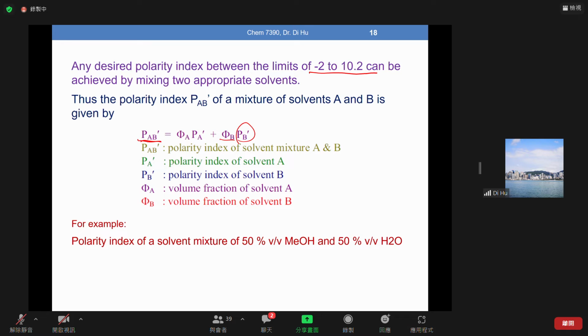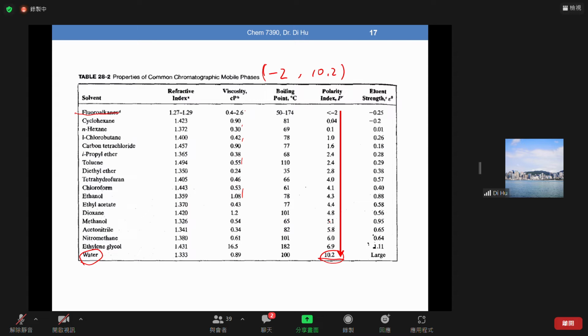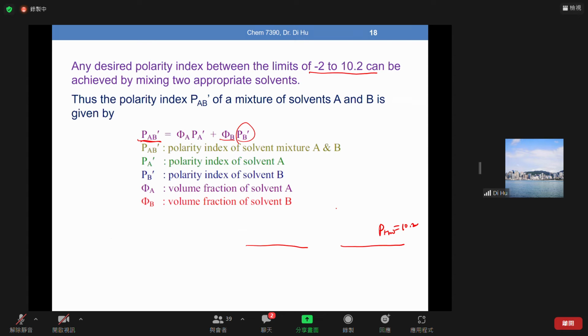For example, what is the polarity index of a solvent mixture of 50% methanol and 50% water? The first thing to do is find the polarity indices. The polarity index of water equals what? 10.2. Everybody should remember that already, right? How about methanol? Go to the previous slide and find it. The polarity index of methanol is 5.1.